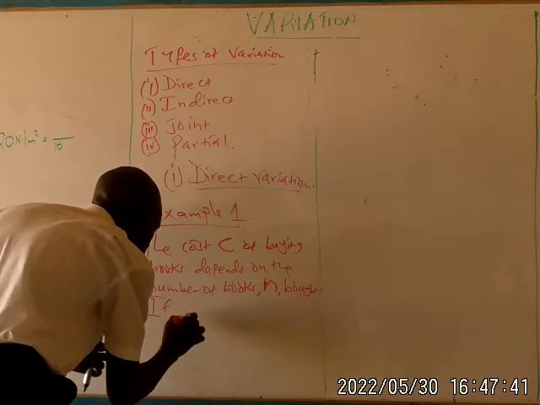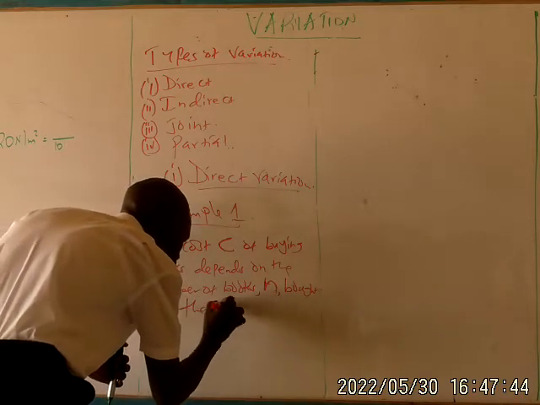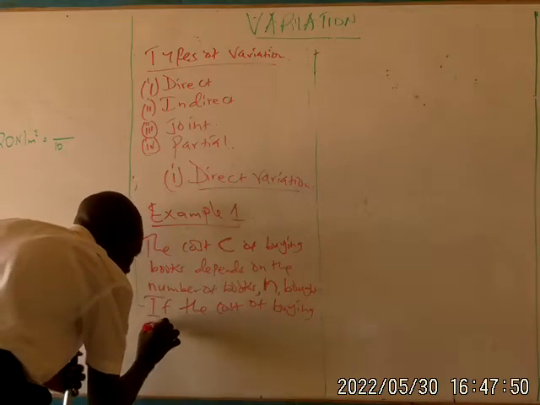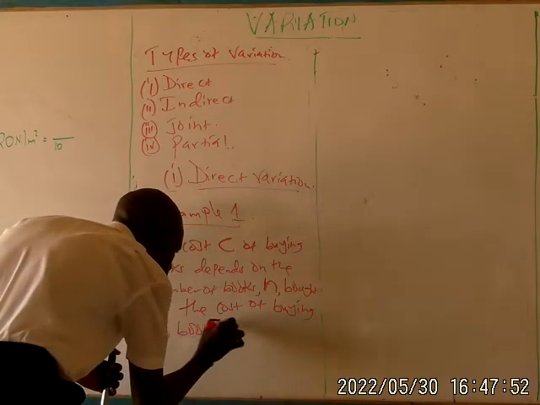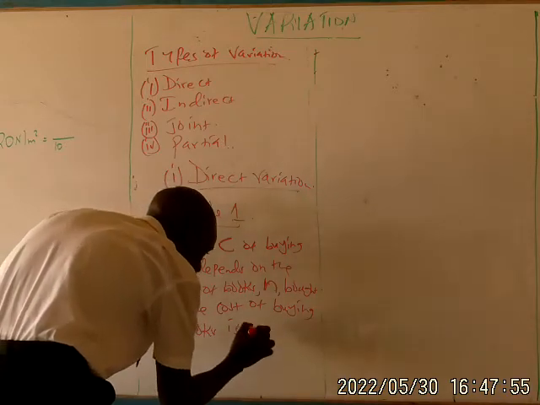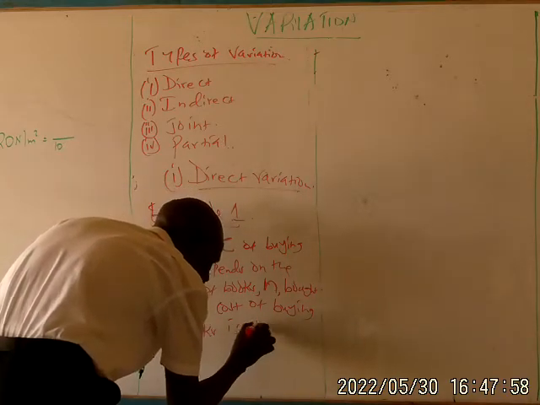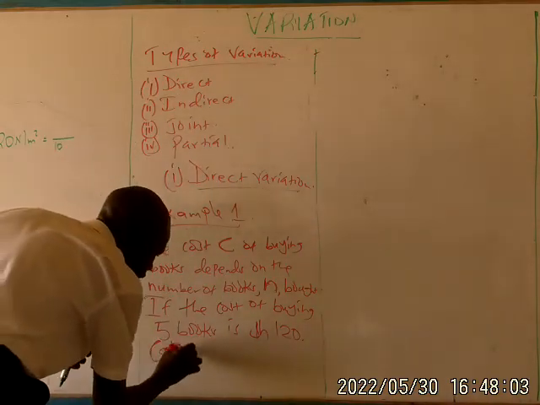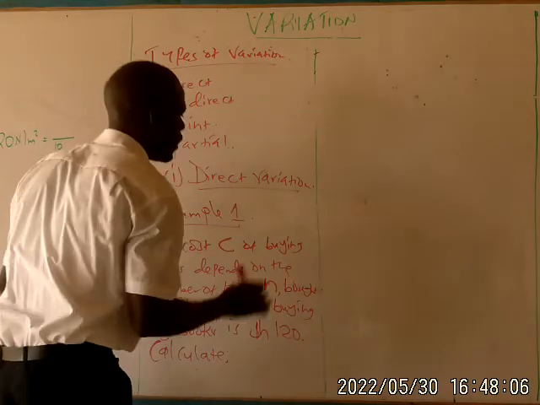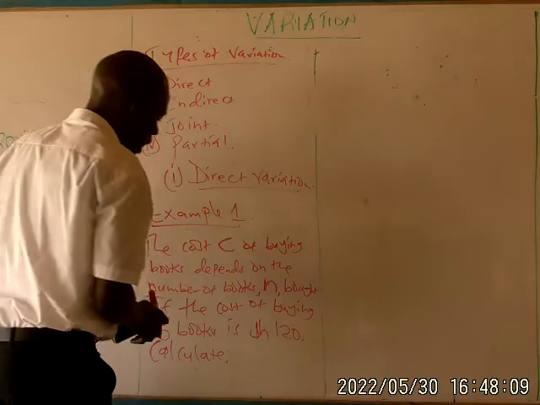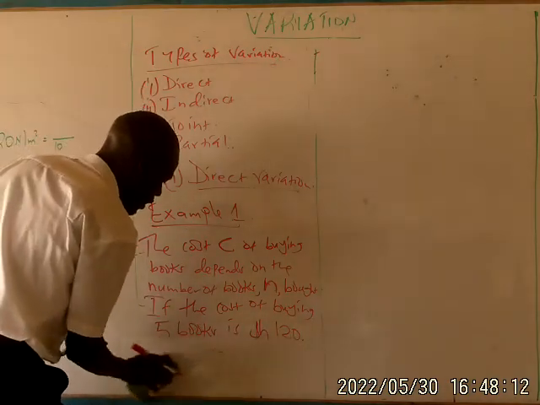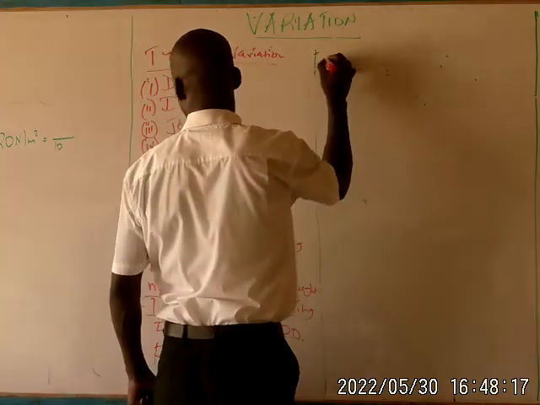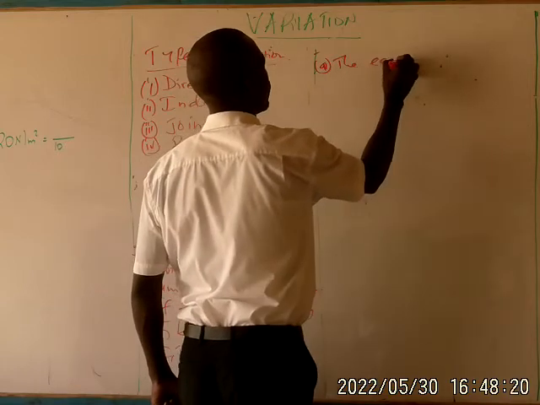If the cost of buying 5 books is 120 shillings, find: part A, the equation connecting C and N.